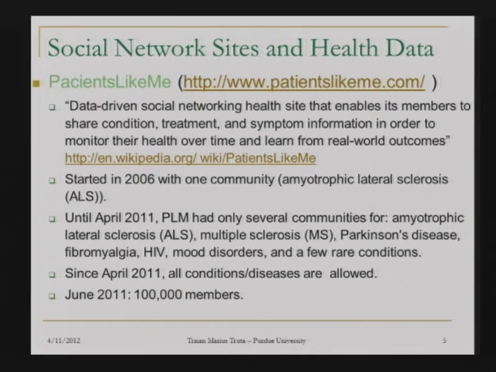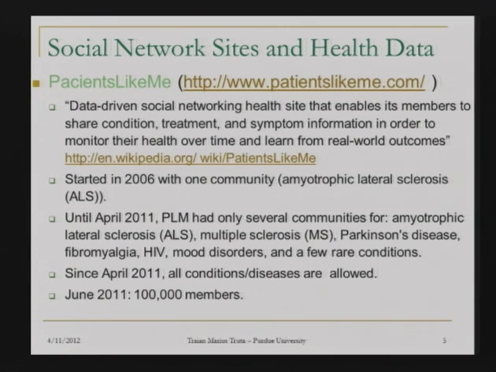It started in 2006 with one community, which is amyotrophic lateral sclerosis. I never heard of this disease before I heard about Patients Like Me. And why this disease? Because one of the creators of this site, an engineer from MIT, had his brother with this condition, and he wanted to do something to help him. And he created this site, a community for people with this particular disease.